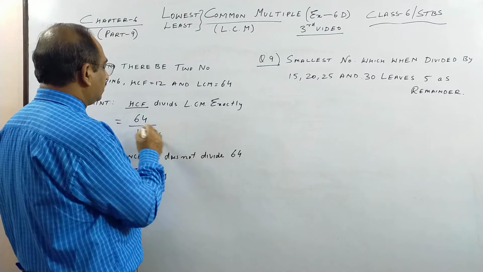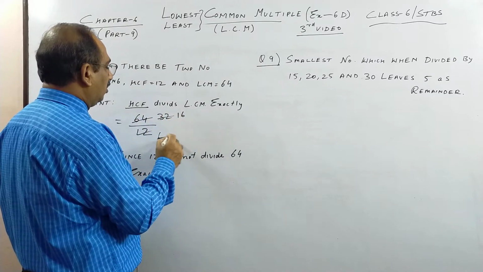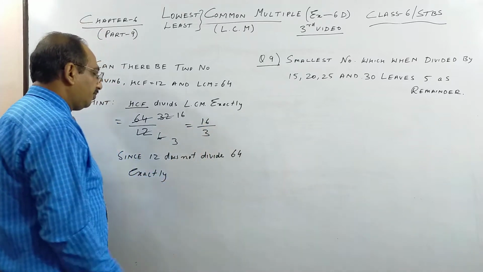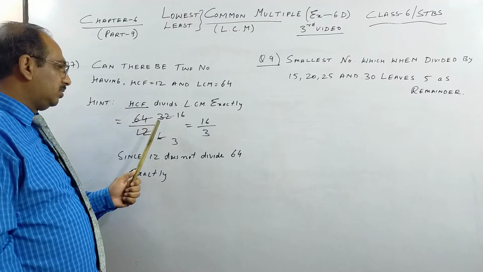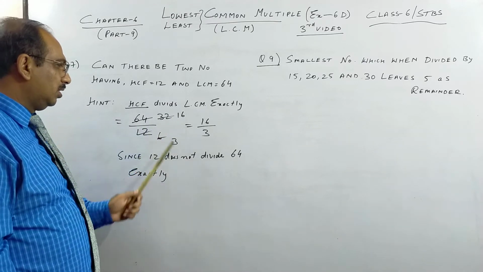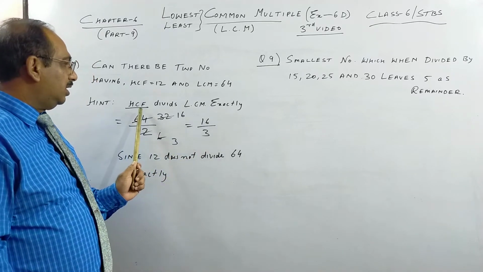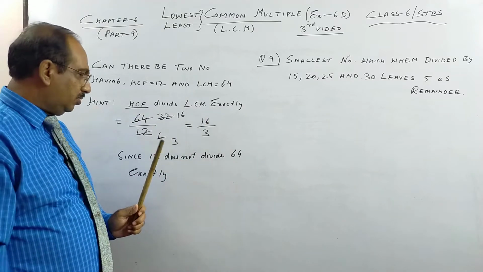So if you cancel, children, 64 does not come in the table of 12. So finally what we get, if you see, 12 becomes 6, 64 becomes 32. 32 if you divide by 2 becomes 16 and 6 becomes 3. So this is not a whole number. This is a fraction. So HCF should divide LCM exactly. Means here we are talking about two numbers.